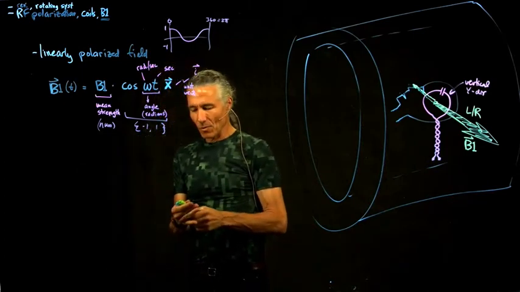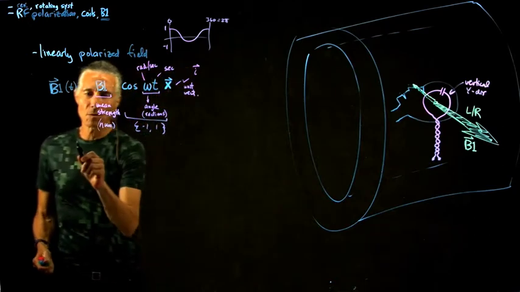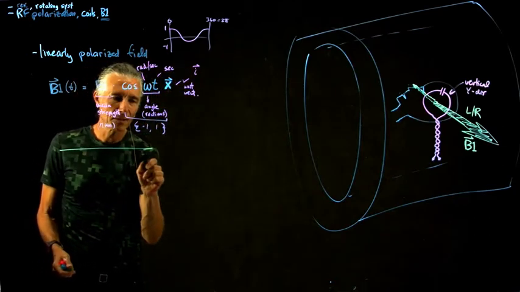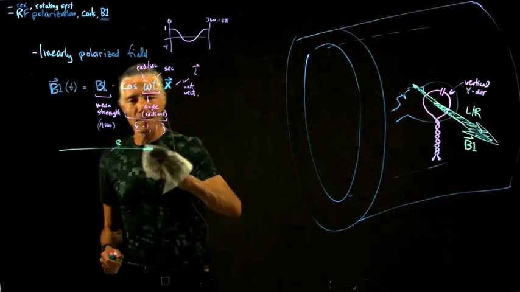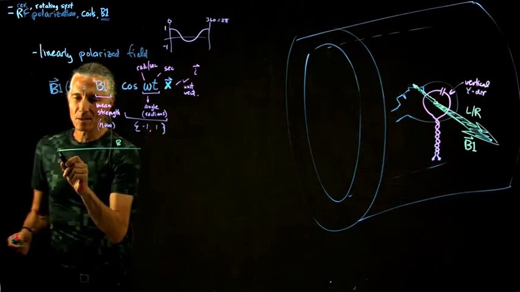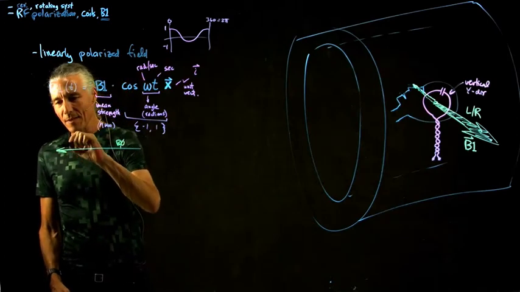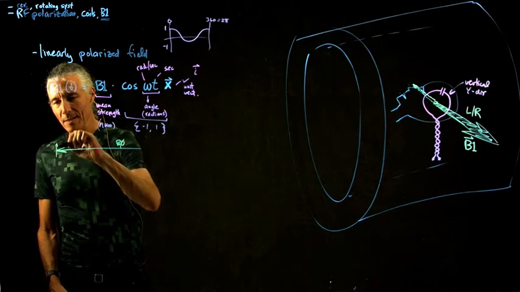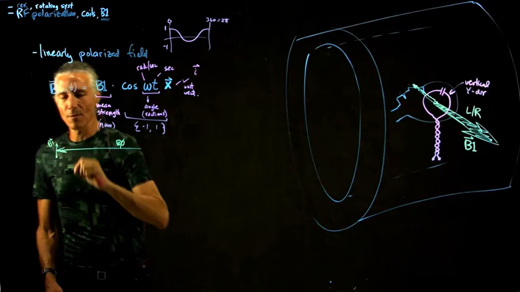So what is it actually adding up to? What this means is you've got a giant B0 field, and on top of it we've got this B1 field, which is going back and forth.